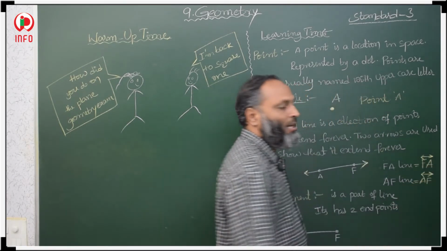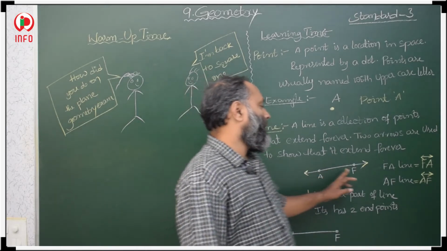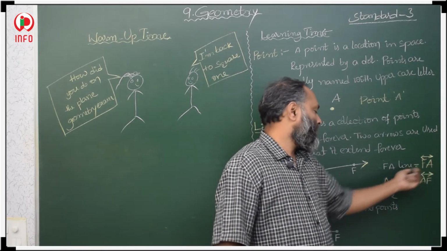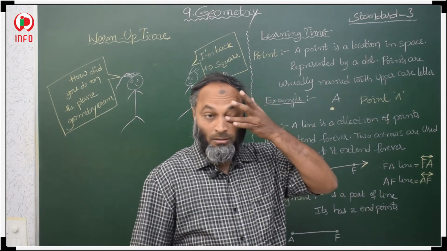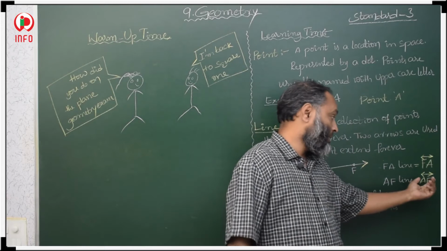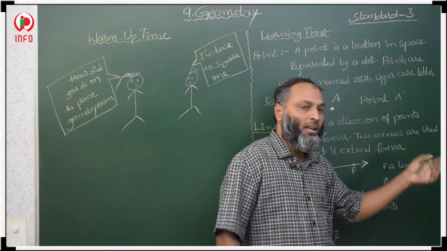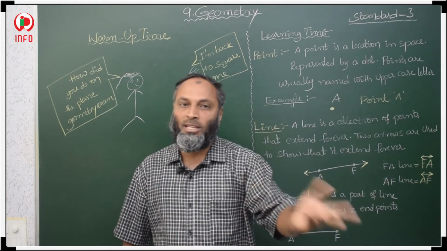Both representations are correct. The line is drawn with the name on the upper side. This is the representation of AF line or FA line.